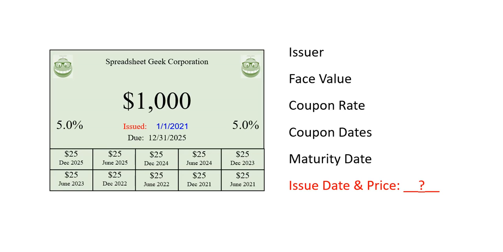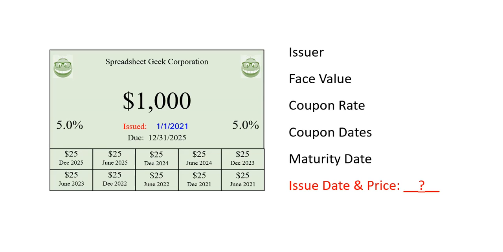This bond could have been issued 4 years and 11 months prior to its maturity date, and in that case, the bondholder would receive something less than $25 on his first coupon date. The issue price is the price the bond buyer agrees to. It could theoretically be the face value of the bond, but usually it's not.